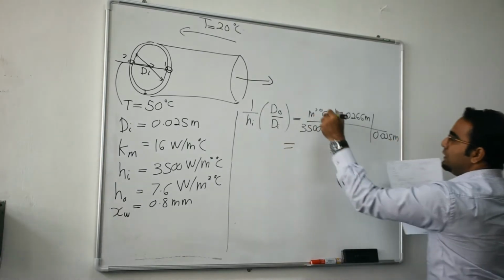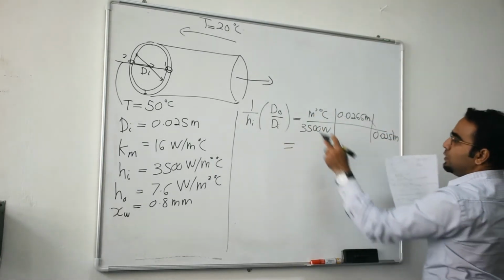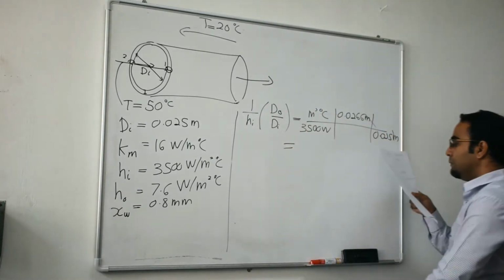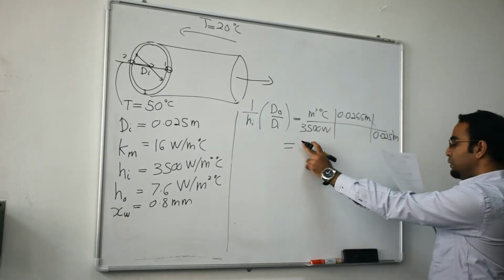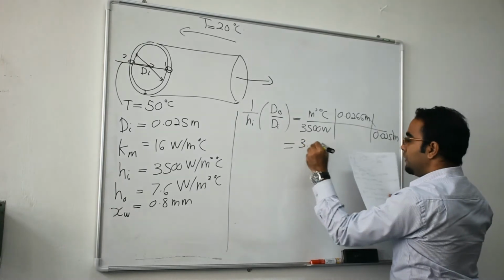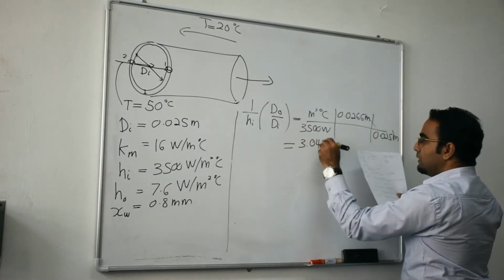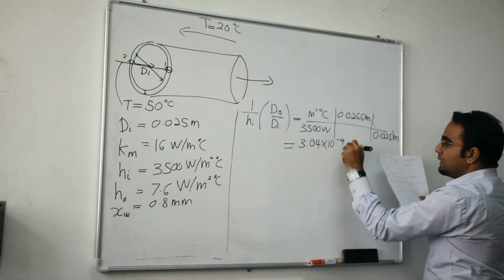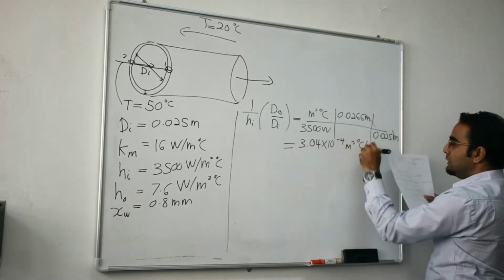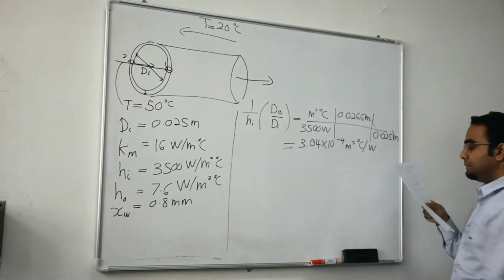So cancel out the units, meter, so you still have the unit of meter squared degree Celsius over watt. And if we put in the calculator, you will get a value of 3.04 times 10 to the power of -4 meter squared degree Celsius over watt.